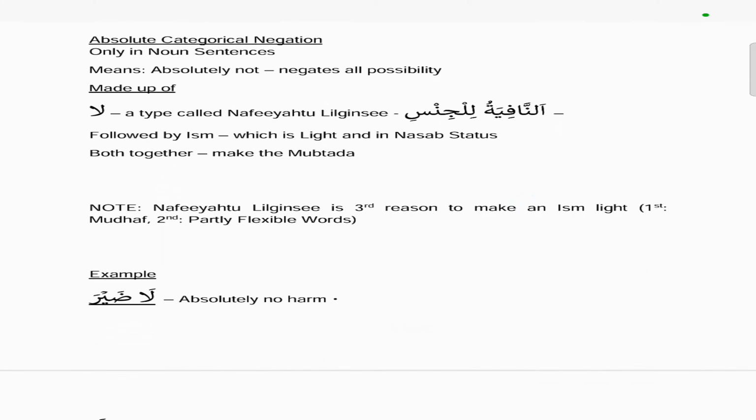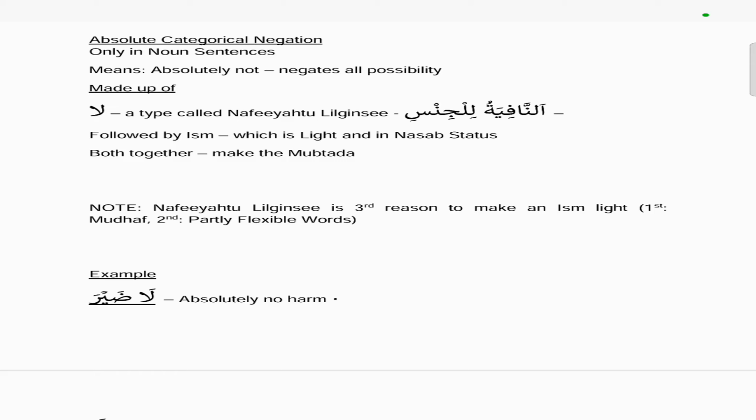So the next aspect is absolute categorical negation. This is only for noun sentences, and it means absolutely not. It negates all possibility. When we use absolute categorical negation, you're saying that that thing is impossible to happen. There's 0% chance.